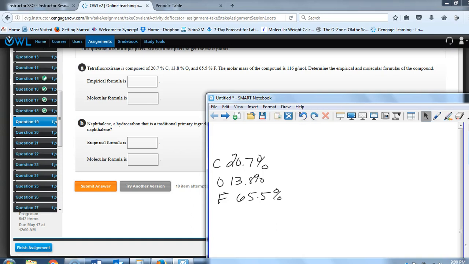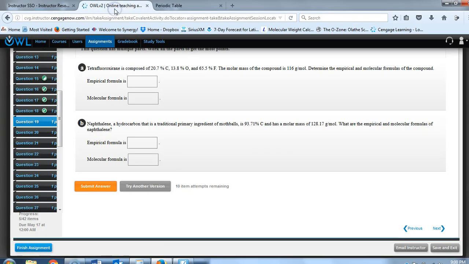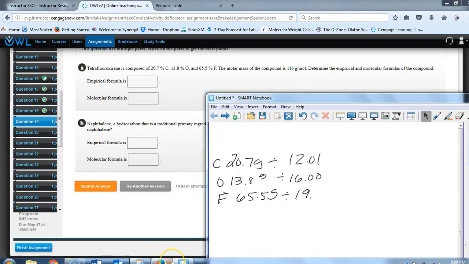So, percent to mass, grams, grams, grams. Grams to moles: 20.7 divided by 12.01, 13.8 divided by 16.00, 65.5 divided by... let me think of what it is. Fluorine is 18.99.